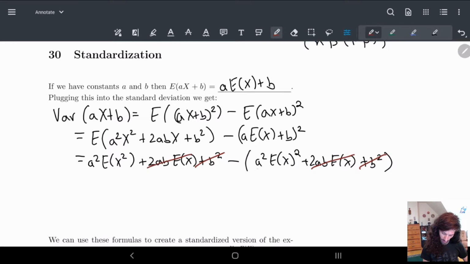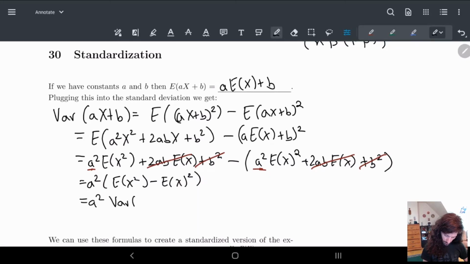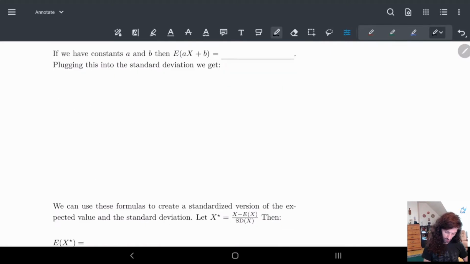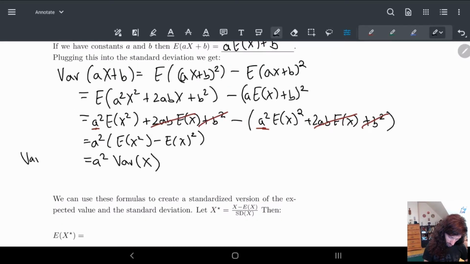Then I can bring out this a squared to the front, and I'm left with a squared times E of x squared minus E of x squared, all squared. So this is just a squared times the variance of x. For the variance case, this is super nice and easy. This is a nice formula to keep in mind.